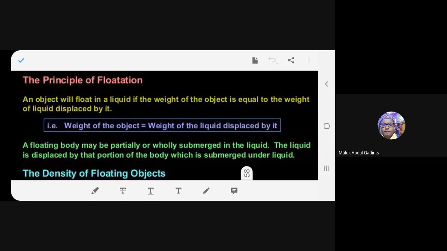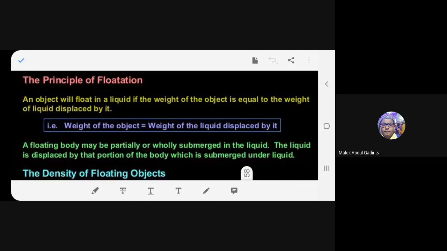A floating body may be partially or wholly submerged in the liquid. The liquid is displaced by that portion of the body which is submerged under the liquid. So why is this happening?